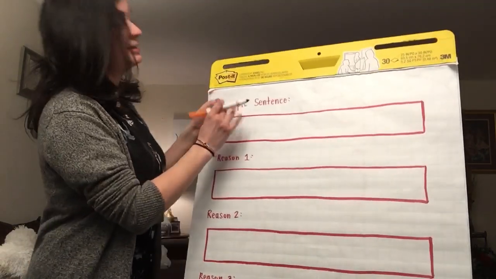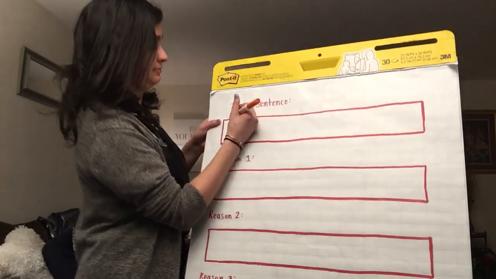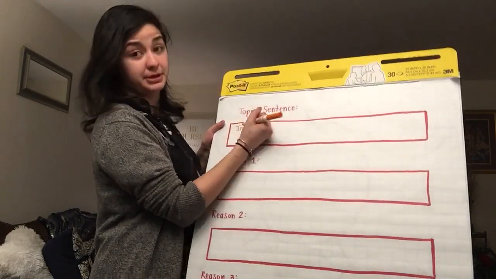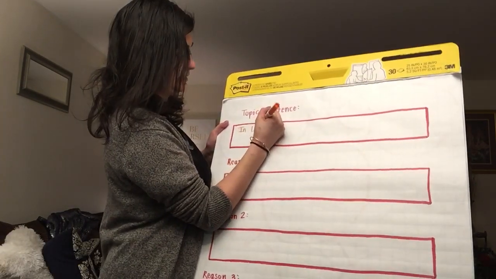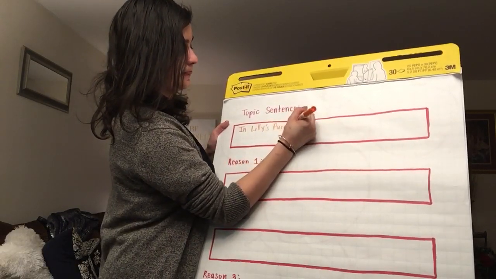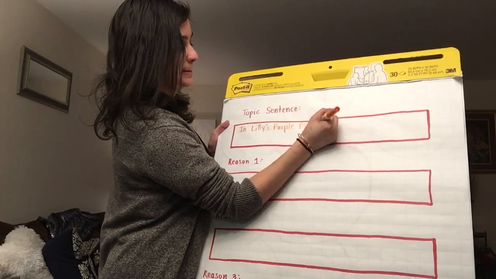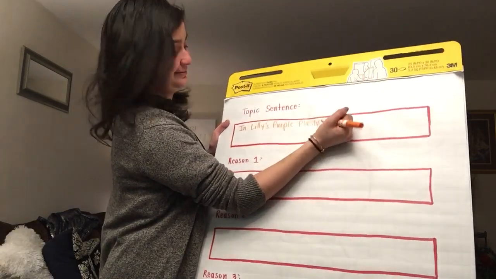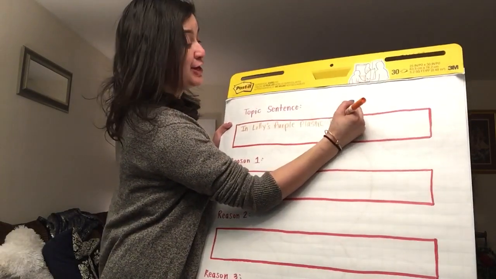Now, in Lily's Purple Plastic Purse, which is the book that we wrote about, Lily's Purple Plastic Purse. Who is it by, everyone? That's right, Kevin Henkes.